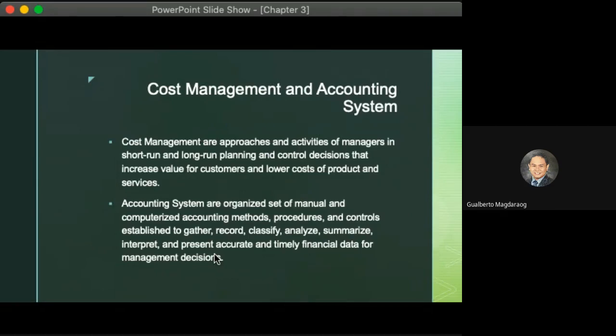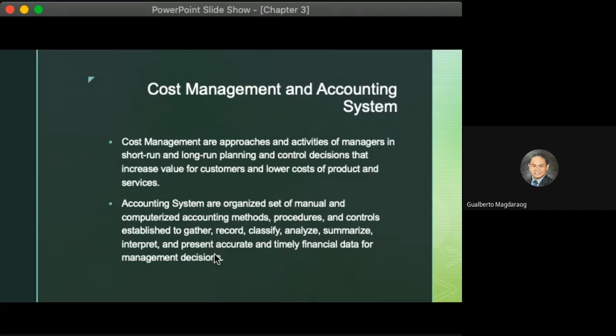These are activities of management, of managers in short run and long run planning and control decisions that increase value for customer. I think na paulit-ulit naman tayo na nag-explain na the primary focus is to increase the value ng customer when you apply cost management information system. Yun na nga, to satisfy or to meet the needs of the customer.